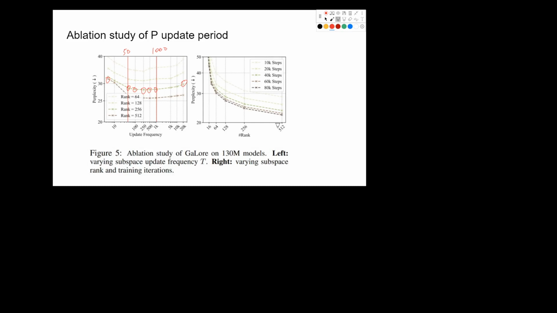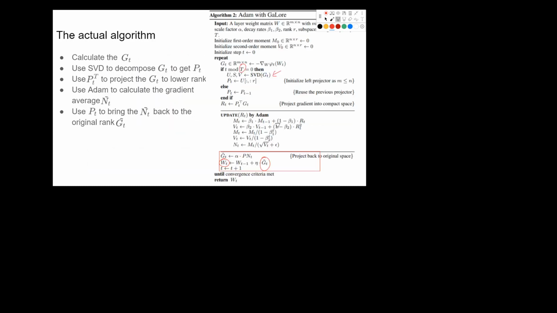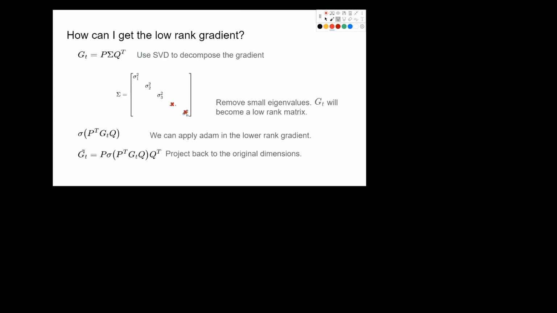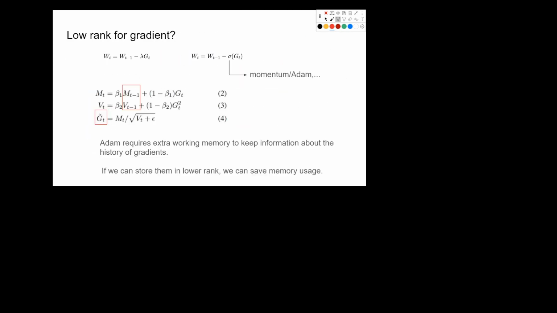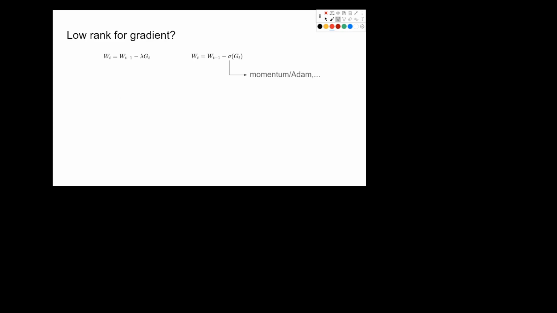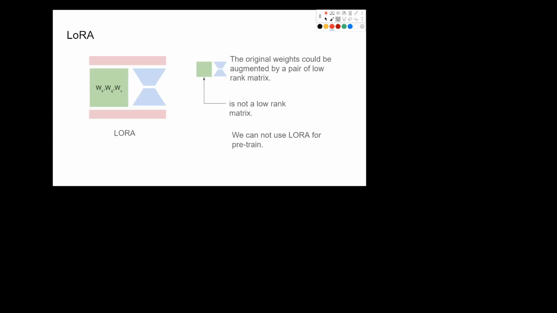Actually, I don't know the real reason for it, but I believe it might violate something. For example, if we change the subspace every time, it means that we don't... Let's check the formula here. Oh, it's not here.